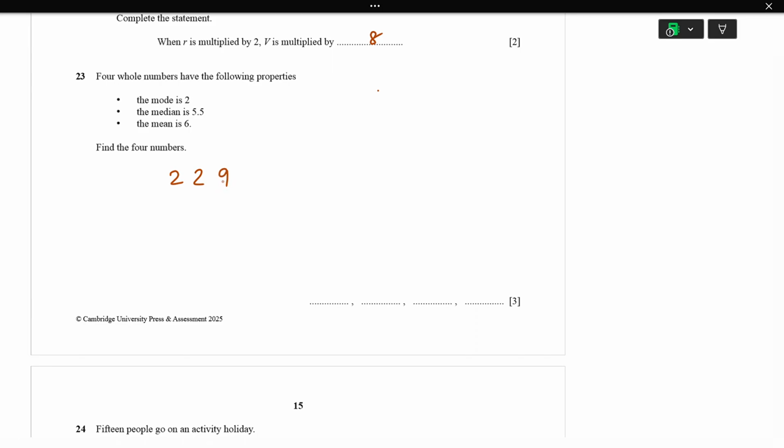The mean is 6, so 2 plus 2 plus 9 plus x over 4 equal to 6. So x equal to 24 minus 13, which is 11. The last number is 11, and here is 9, here is 2, here is 2.